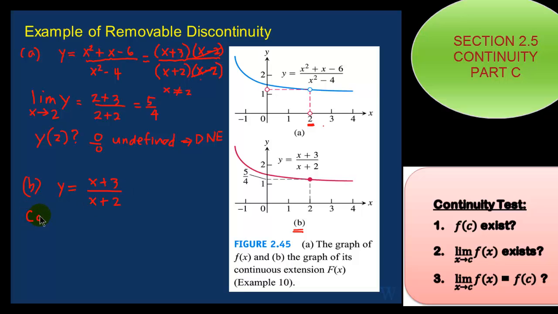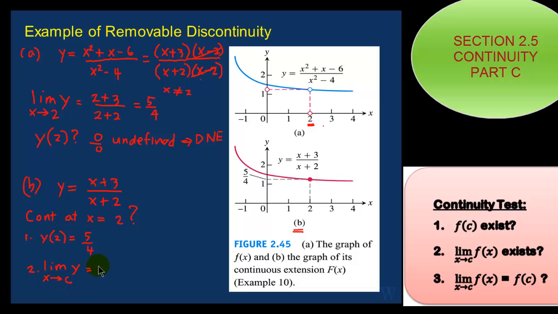Is it continuous at x equal to 2? Let's check. Number 1, what is y of 2? Well, that's what we got there. It's 5 over 4. Number 2, what is the limit of y as x approaches 2? It's right there.